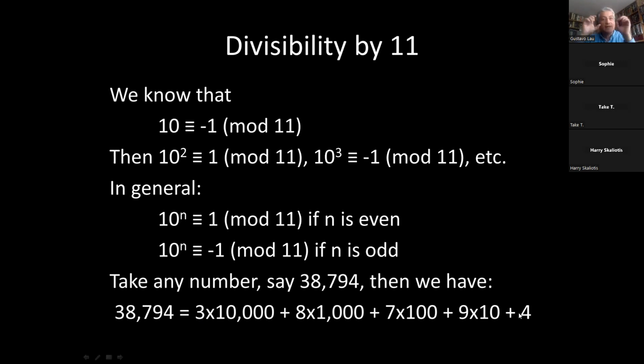And then you put your classes modulo 11, and what happens is that 10,000, that's 10 to the 4, becomes 1, 1,000 becomes -1, 100 becomes 1. So then you have this so-called alternate sum. For 9, you add the digits. Here, you start with positive, and then the next one is negative, next one positive, next one negative, next one positive. You see?